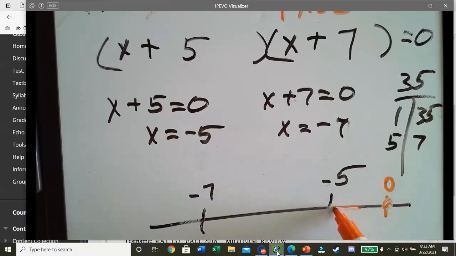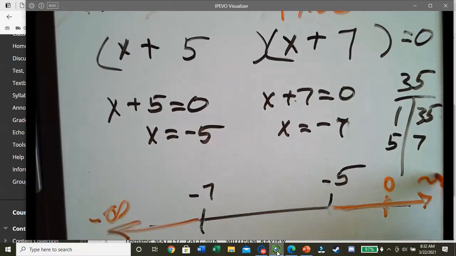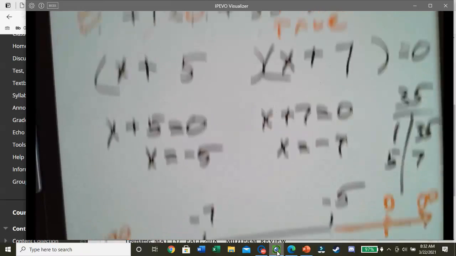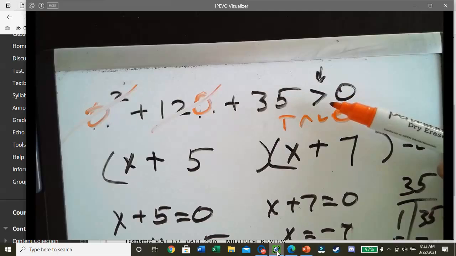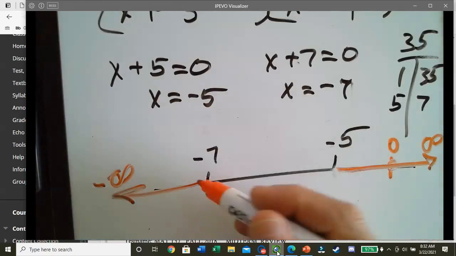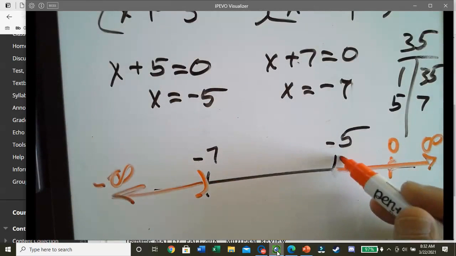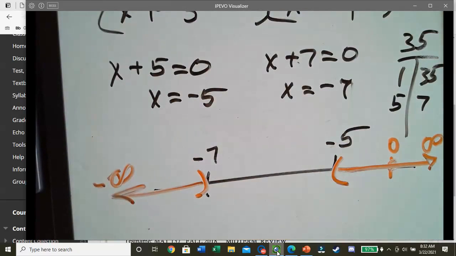Well, if 0 is part of the solution, all the points outside are part of the solution, on one side and the other. And so wherever there's an arrow, we put infinity in the negative direction, infinity in the positive direction. And so are these boundaries going to be open parentheses or closed brackets? Open parentheses at negative 7, open parentheses at negative 5.